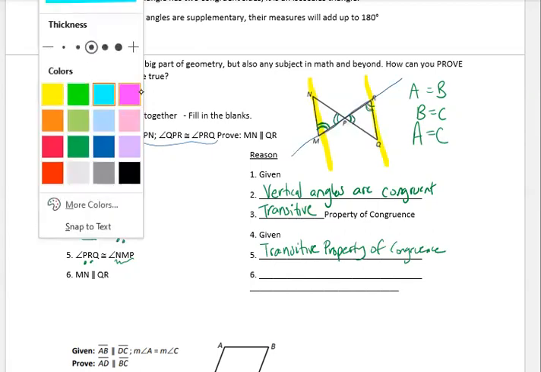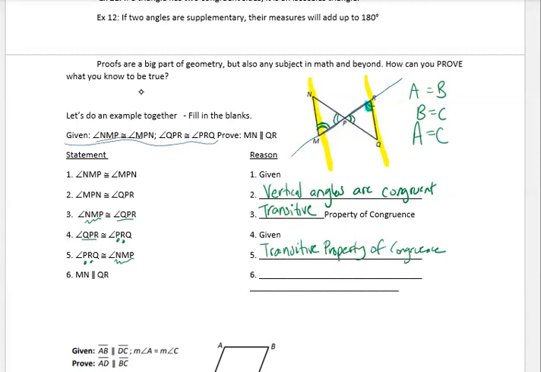And these two angles that I just said were congruent are alternate interior angles of these yellow lines and this transversal. So if we remember back when we talked about alternate interior, alternate exterior, corresponding angles, they're all congruent if we have two parallel lines cut by a transversal.